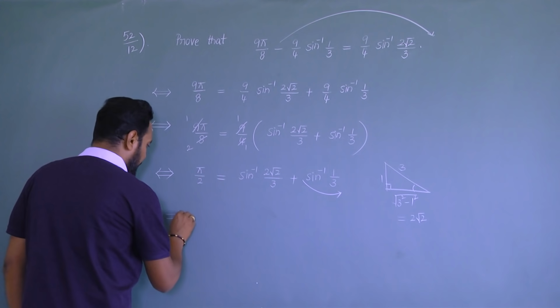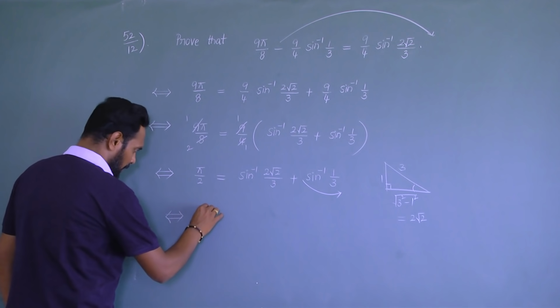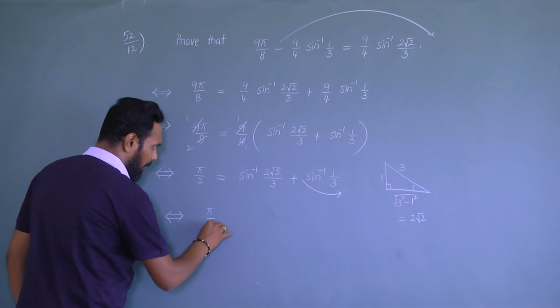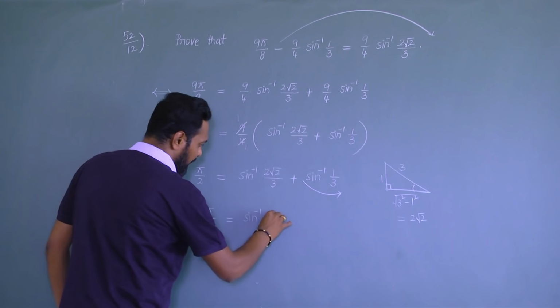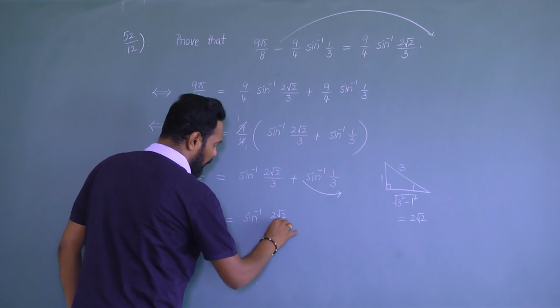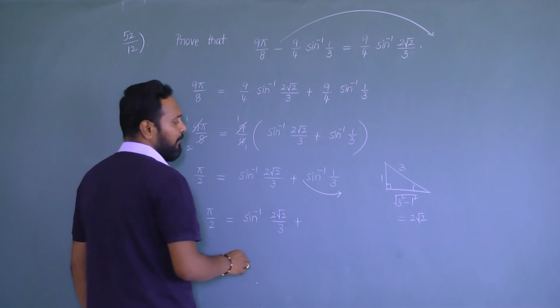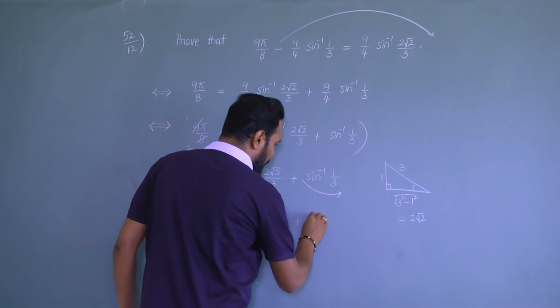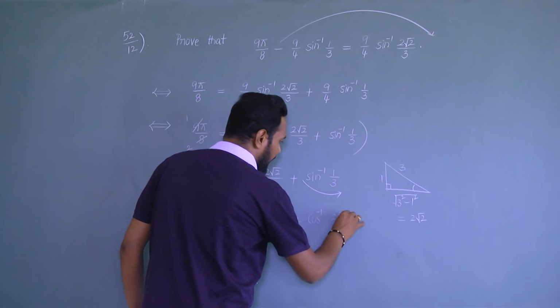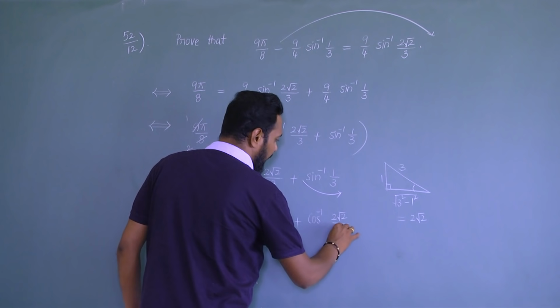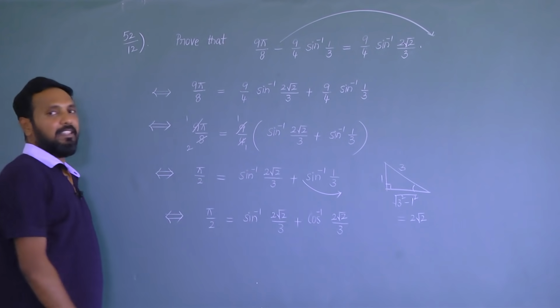Then this implies and implied by pi by 2 equals sin inverse 2 root 2 by 3 plus, how I can write in terms of cos inverse, is cos inverse adjacent side 2 root 2 divided by hypotenuse 3.